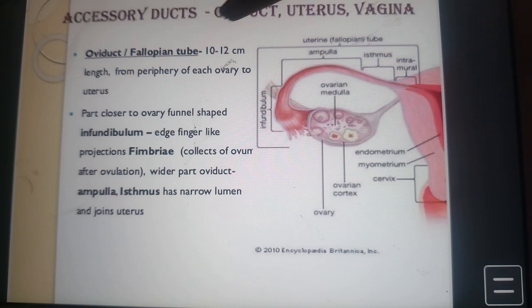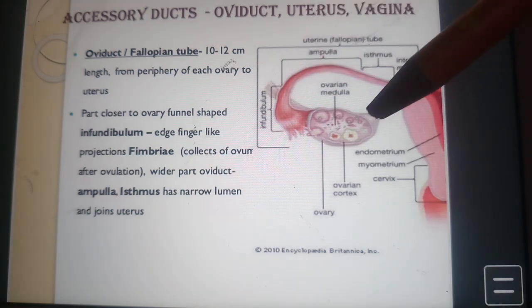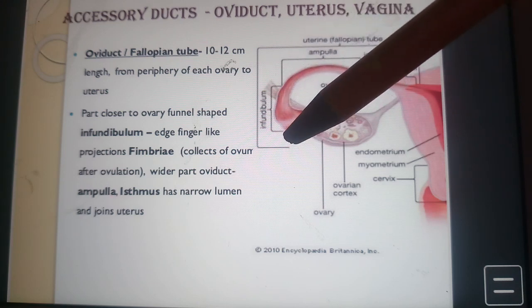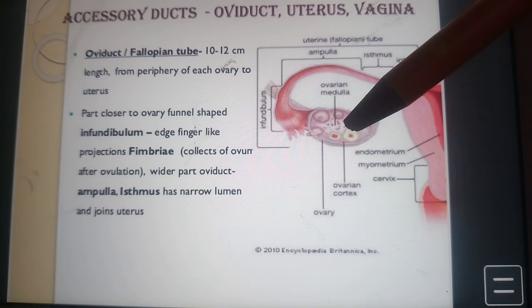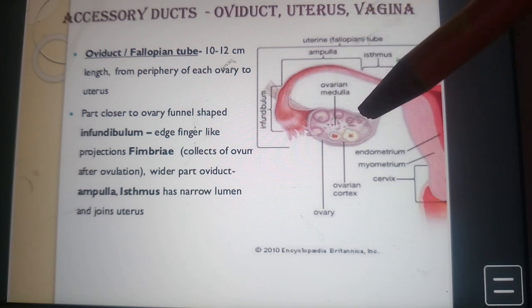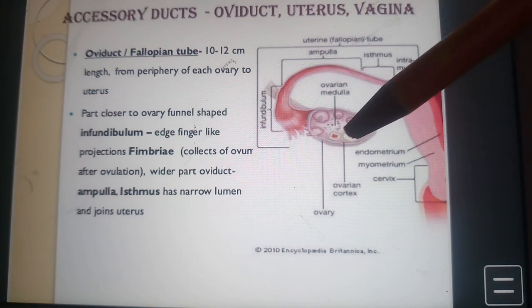The oviduct or fallopian tube is 10 to 12 centimeters in length. The part closer to the ovary, the funnel shaped structure, is called the infundibulum, and the finger like projections are called fimbriae, which help in the collection of the ovum or egg after ovulation. Observe this diagram.